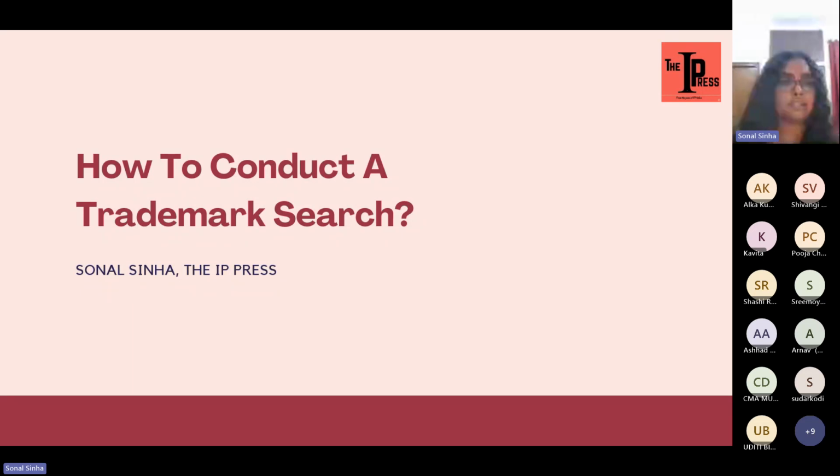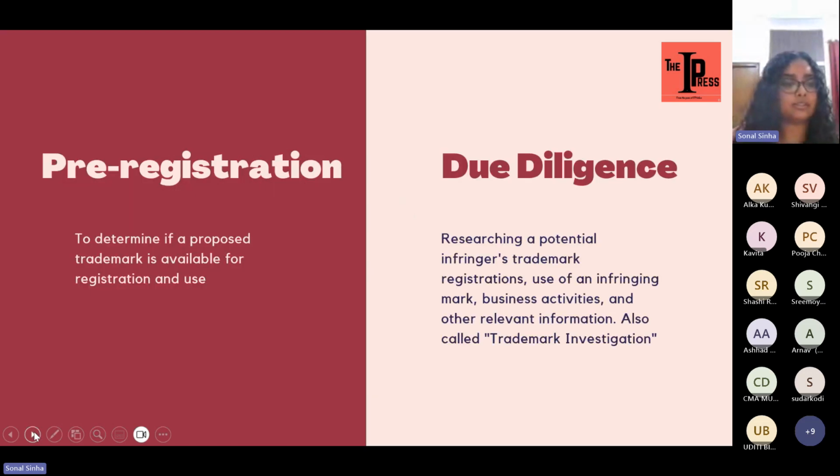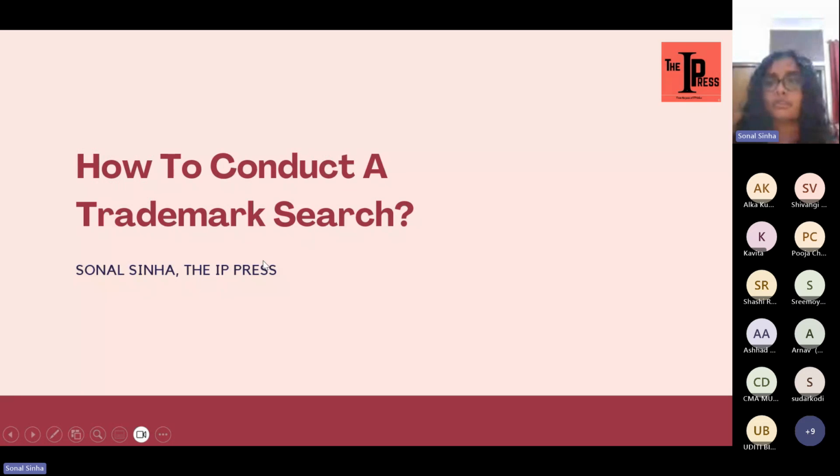So before we proceed, I would like to give you a brief idea of this presentation. Firstly, we'll run through the basic theory and the basics of trademark search. Then we'll go on to the practical, solving a few practical examples and some interesting cases for you all.